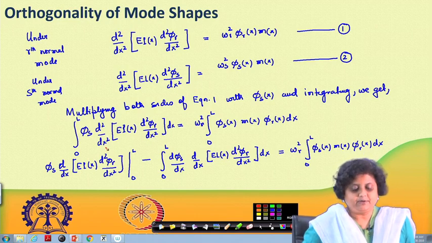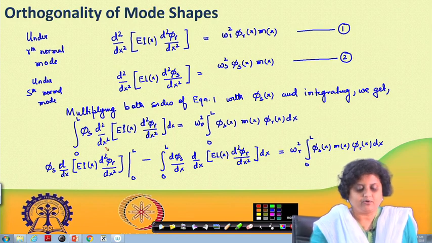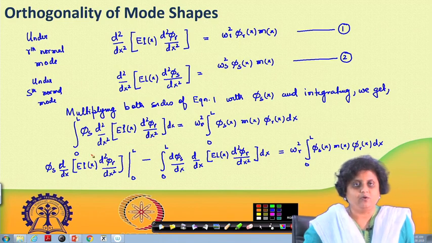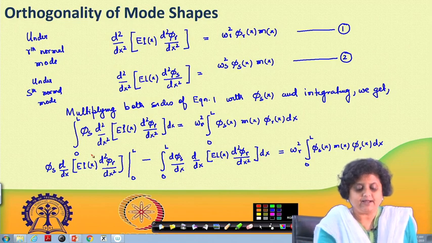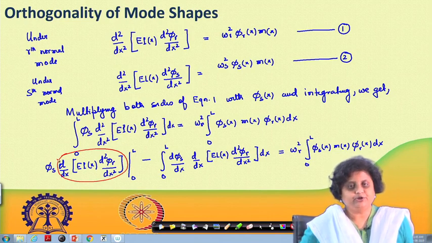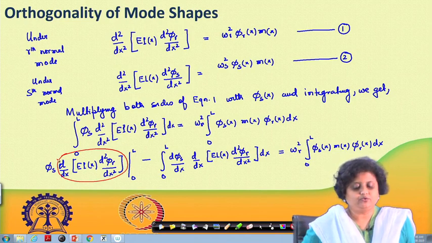Now, let us see simply supported. If it is simply supported, then also phi s x is equal to 0. Therefore, this whole thing goes to 0 if it is simply supported. If the boundary condition is free, then this part denotes the shear force, which is equal to 0.